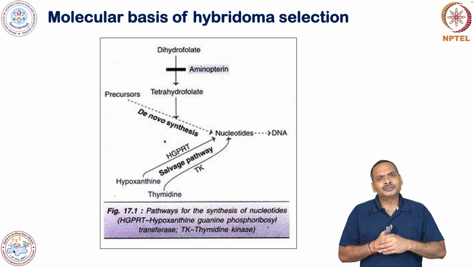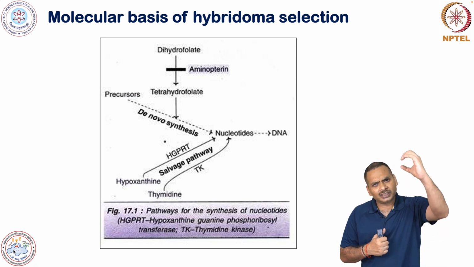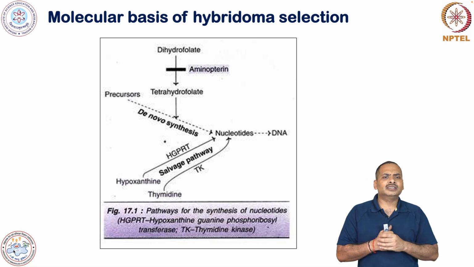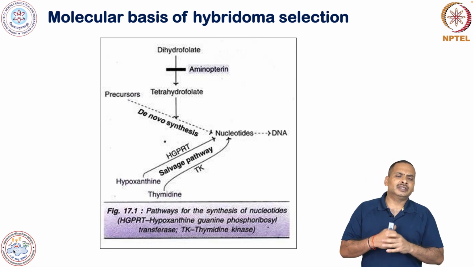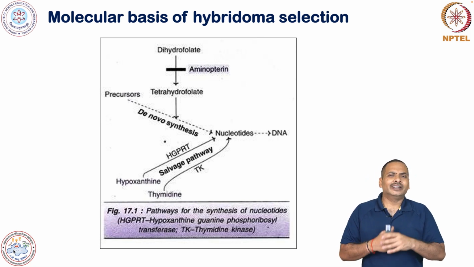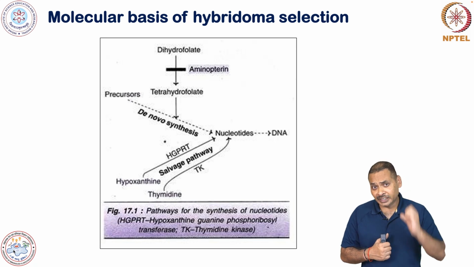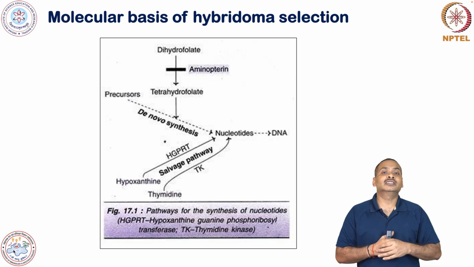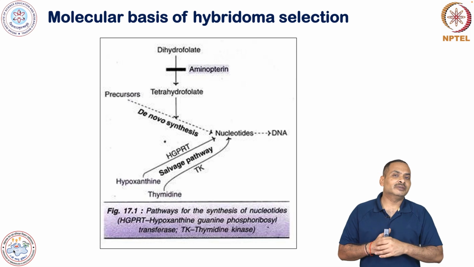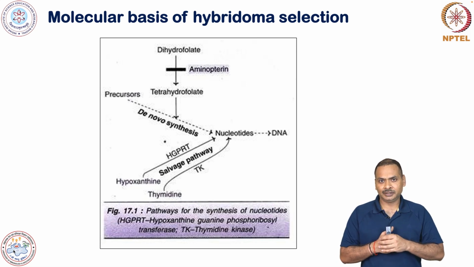So for this de novo pathway, one very important enzyme is needed in order to drive this pathway. That enzyme name is dihydrofolate reductase, okay.